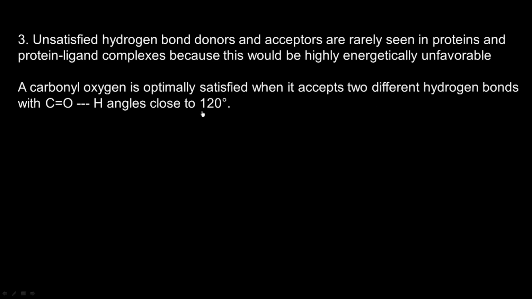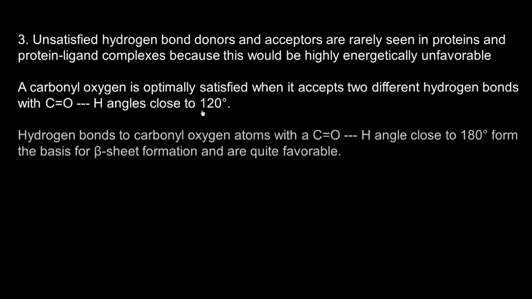This point you need to keep in mind. So if you have a carbonyl in your ligand and there are two hydrogen bond donors, ideally if it fits there, then that conformation is very suitable. Hydrogen bonds to carbonyl oxygen atoms with the C=O...H angle close to 180 form the basis for beta sheet formation, and that is also quite favorable.